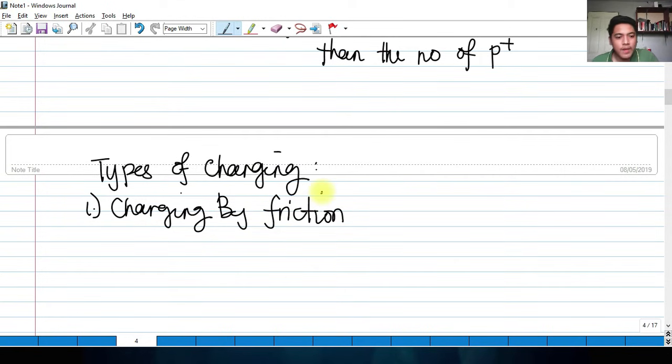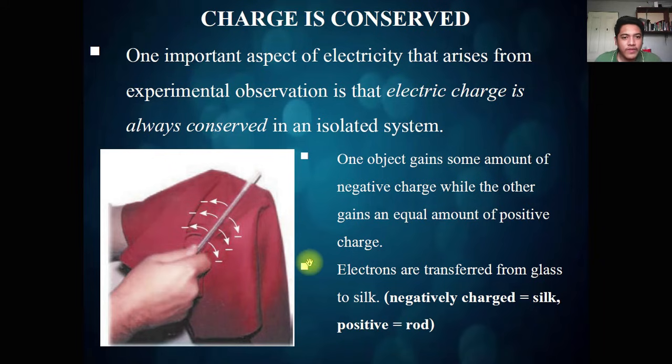In this example, class, we have a glass rod that is rubbed against the silk, which is the color red here. What happens is that the electrons from the glass rod are transferred to the silk by the rubbing process.